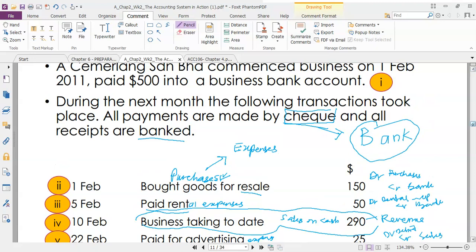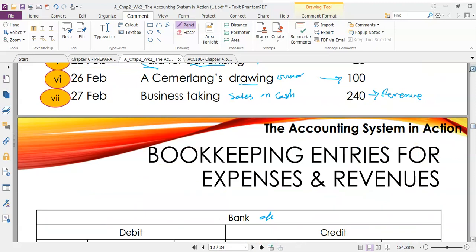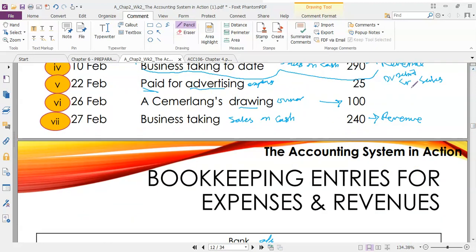So the bank account is increasing. That's why we must debit bank account and then credit sales, because the revenue is increased. Sales is our revenue, so if revenue increased, we must put it in the credit side.